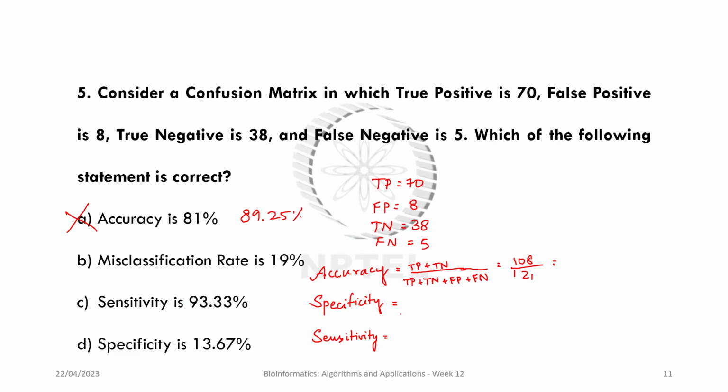Let's first calculate what specificity is, which is true negatives divided by true negatives plus false positives, right? So true negative is 38 divided by true negative plus false positive is 8. 38 plus 8 is 46. 38 by 46 is 82.6%.